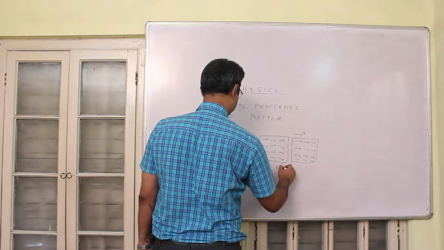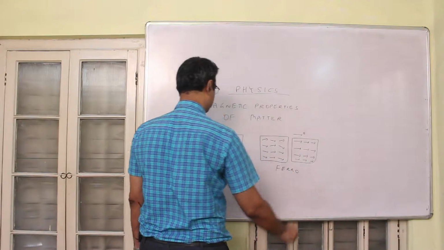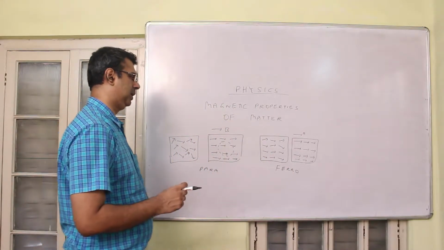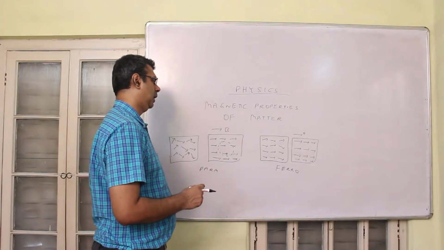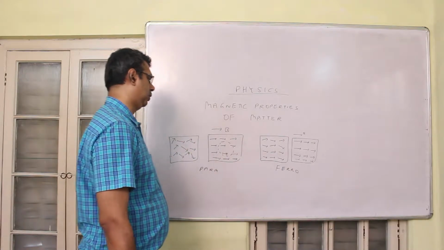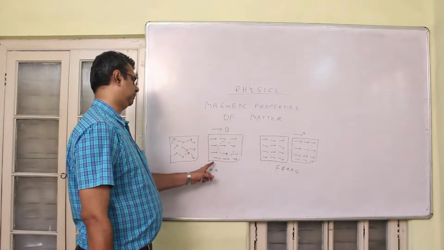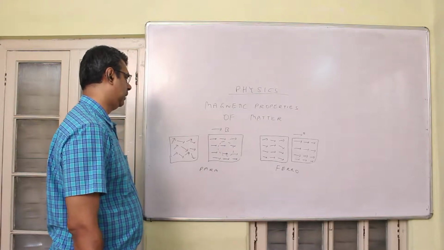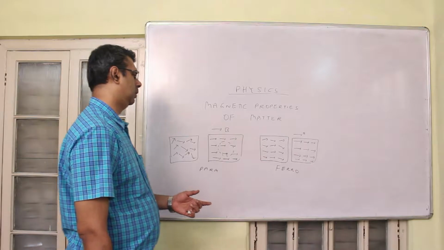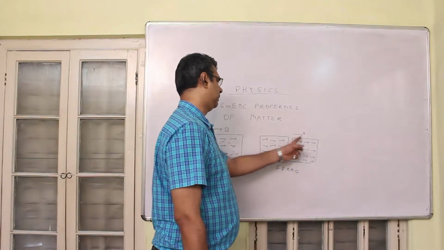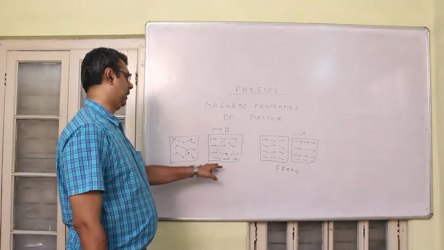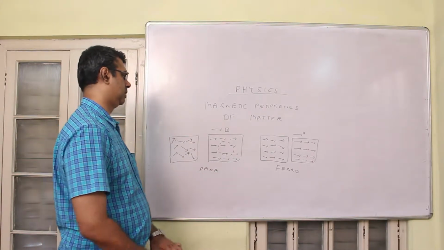Such a substance is called ferromagnetic. So this is what I was telling you about the capital I intensity of magnetization, that it will be very high for ferro, and it will be comparatively less for para. So an external field really intensifies the magnetism inside a ferromagnetic substance much more than for a paramagnetic substance.